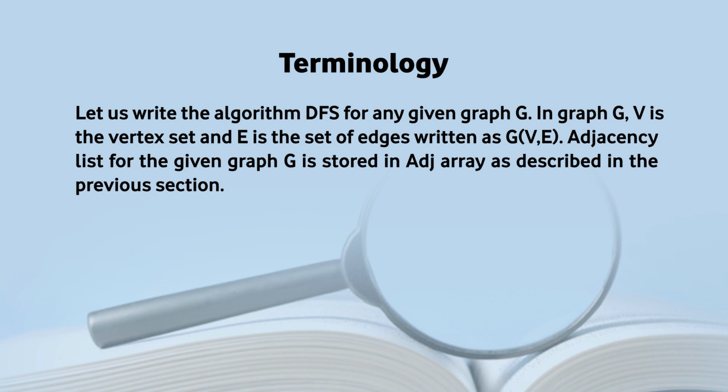Keep that in mind. In the algorithm, V stands for vertex set, E stands for edge set, because this is the normal terminology of graphs. G equal to V comma E, where G is the graph, V is the vertex set and E is the edge set. And the adjacency list for a given graph G is stored in an adjacency array, as we have already discussed.